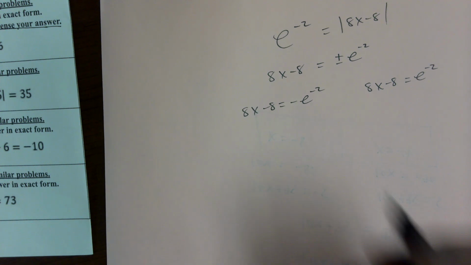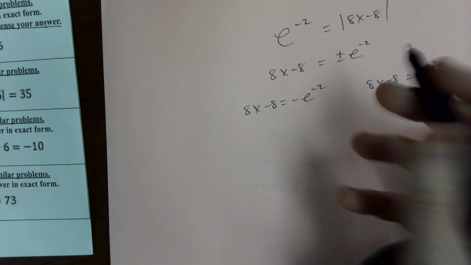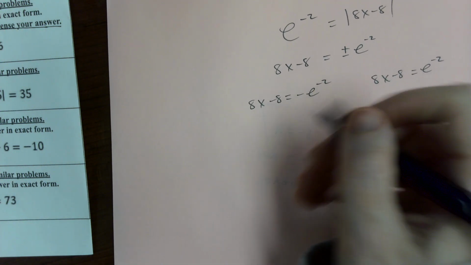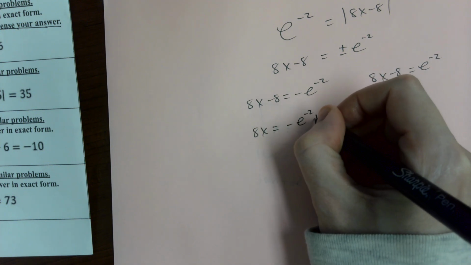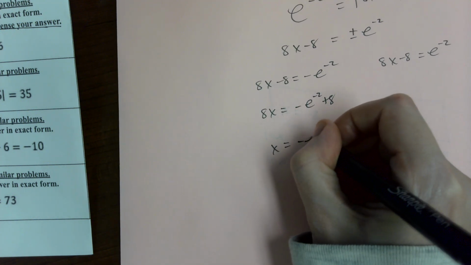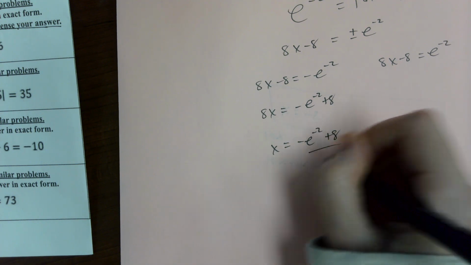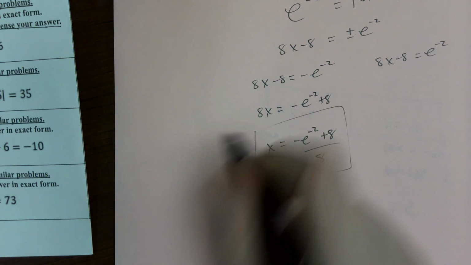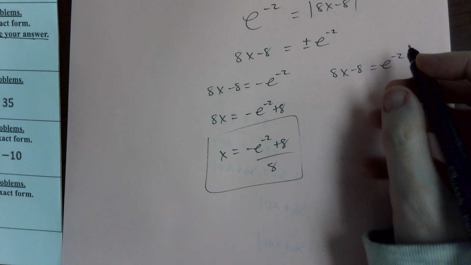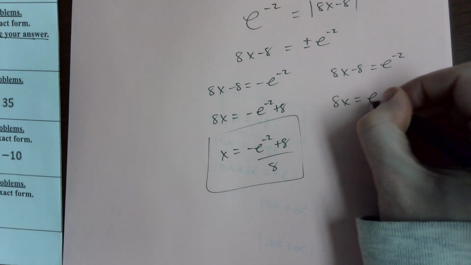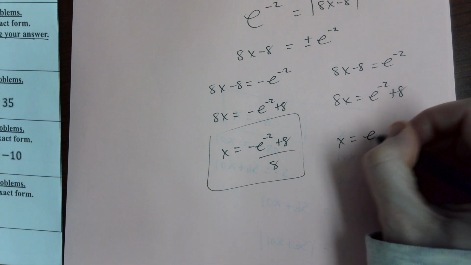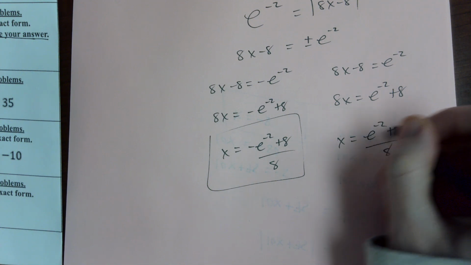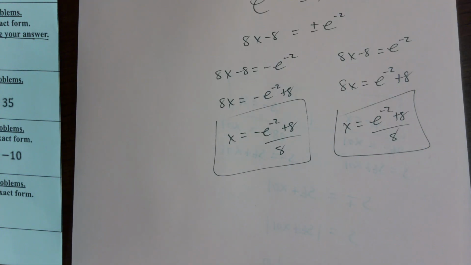Okay, and then you do the same moves in both to get the x by itself. So I'm adding 8 and then dividing by 8. Okay, so that's one of the answers. Okay, and there is the other one.